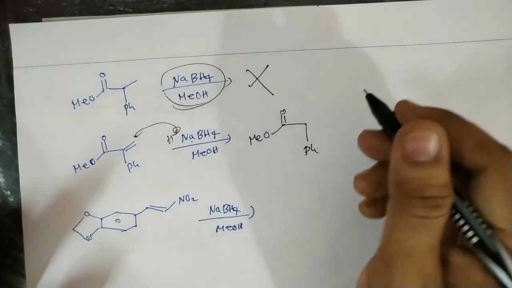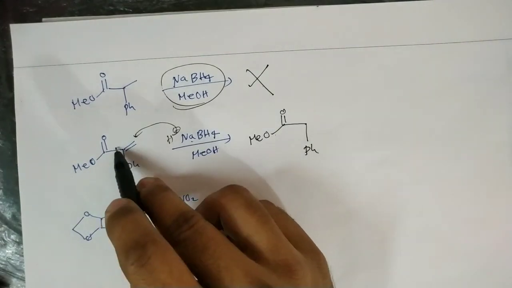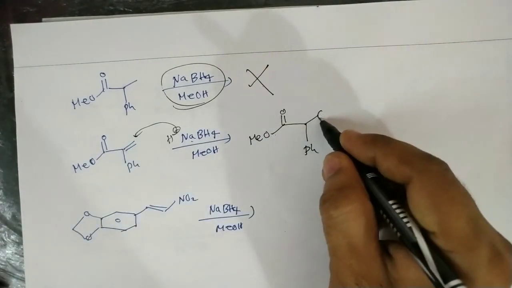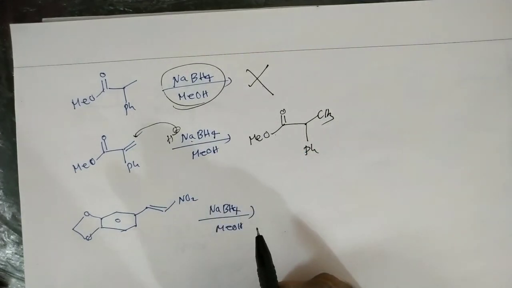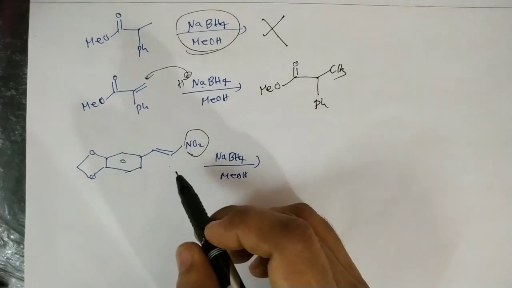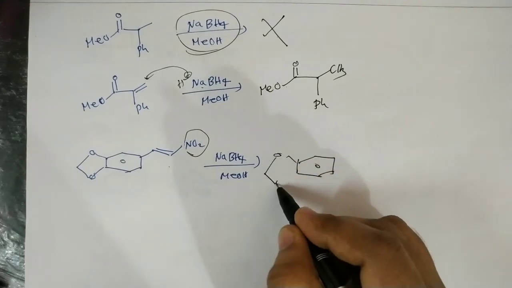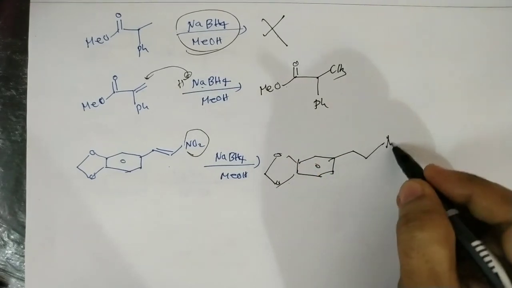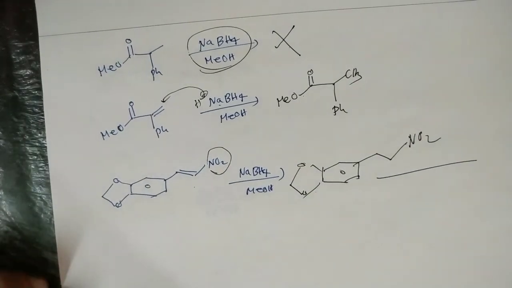Generally double bonds are also not reduced with sodium borohydride, but when in conjugation with an ester it can be reduced, as given in the Jonathan Clayden book. And next, generally the carbonyl is not reduced with sodium borohydride, but here this conjugated alkene can be reduced, and you will get this product. Okay, that's it.